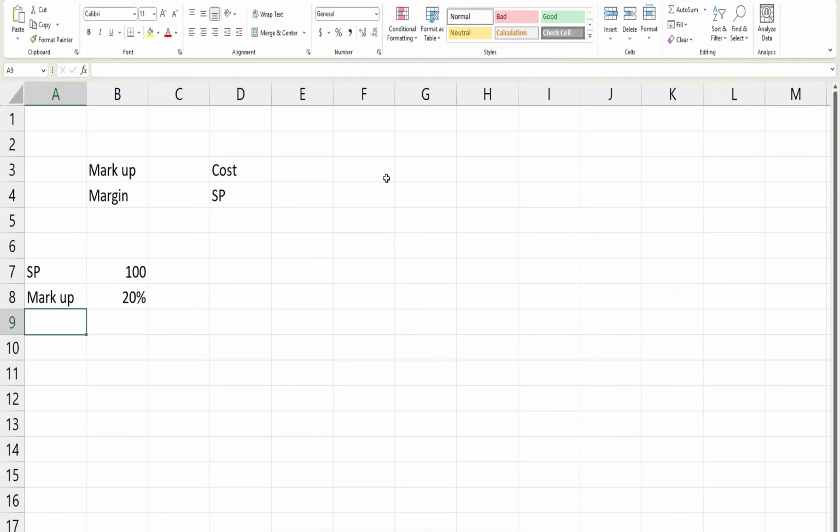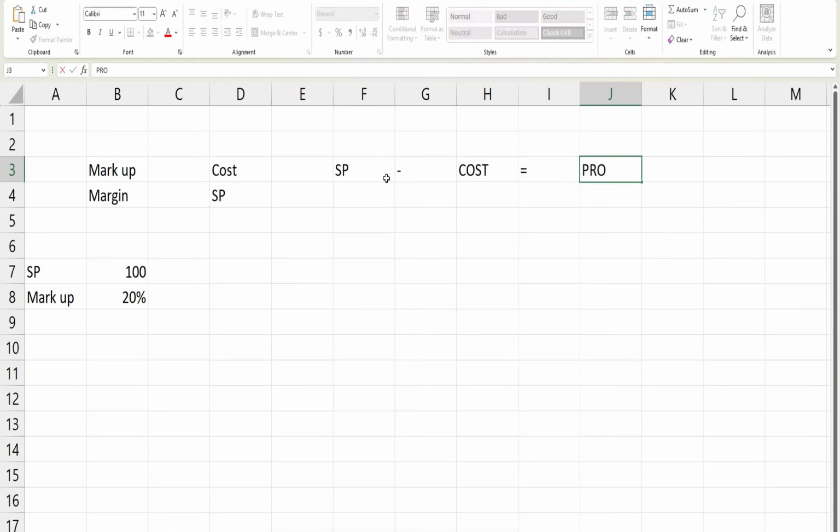One thing that you need to remember is how we calculate the profit. Profit is calculated as selling price minus cost, equal to your profit. If this profit is added on the cost, it is known as markup, and if it is added on the selling price, then it is known as margin. So this is the difference.